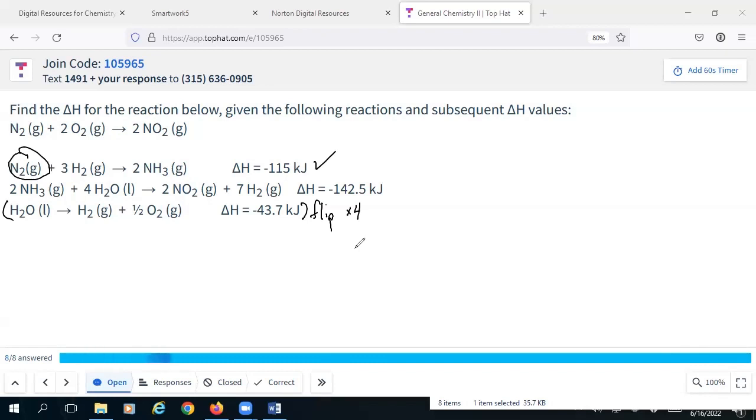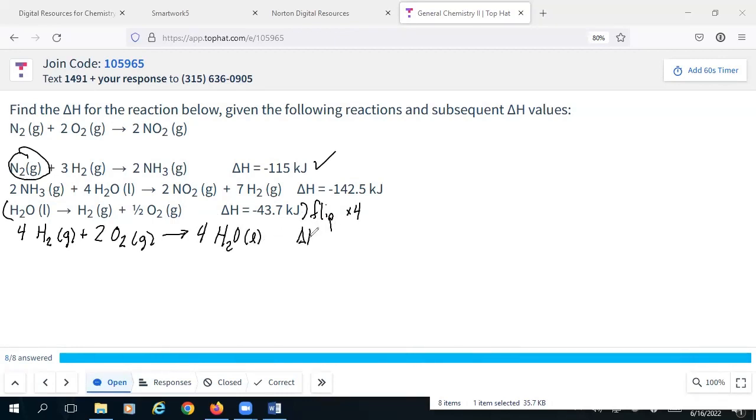And so what I'm going to do is rewrite this properly so that I have exactly what I need. So that's going to be 4 hydrogens in the gas phase plus 2 oxygens in the gas phase, making 4 waters in the liquid phase.